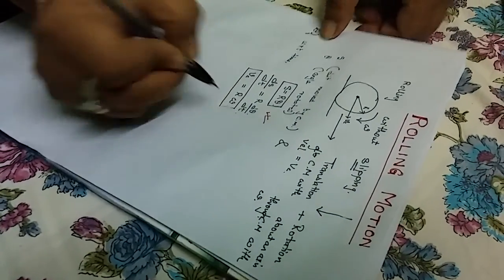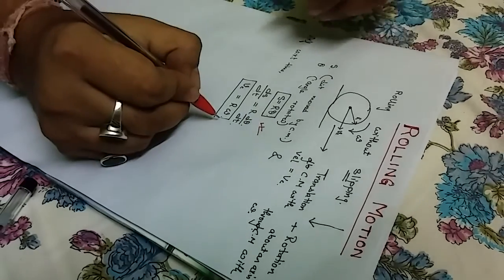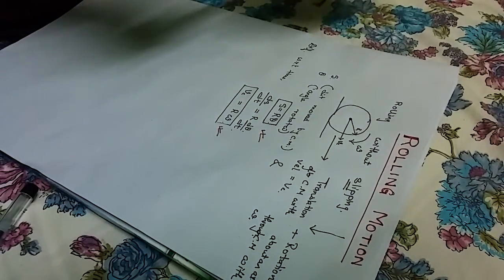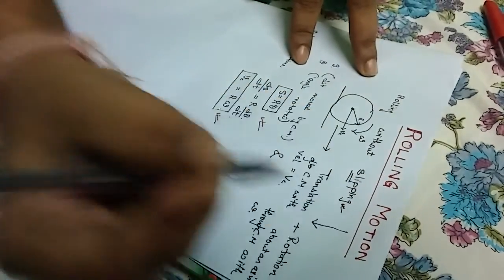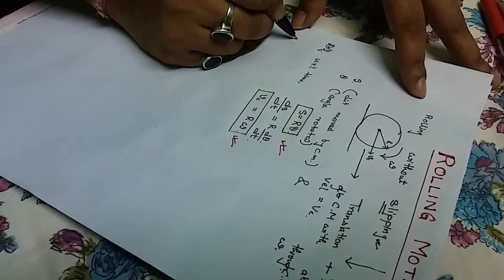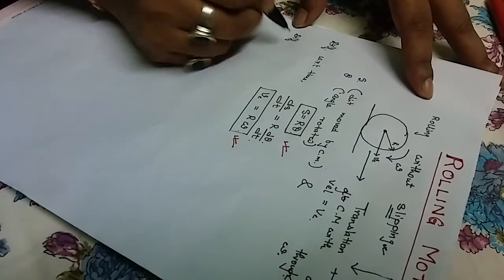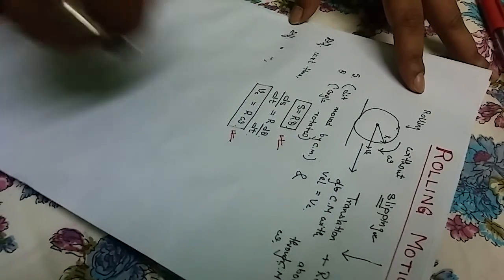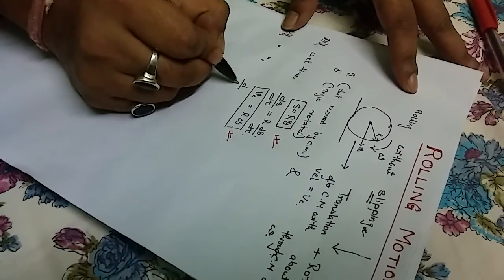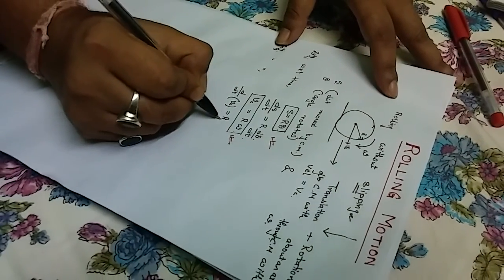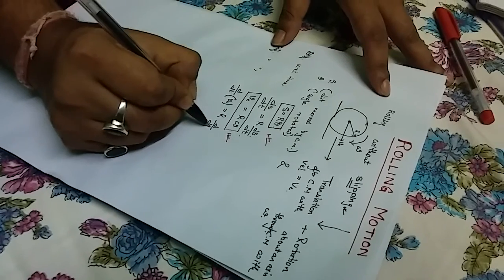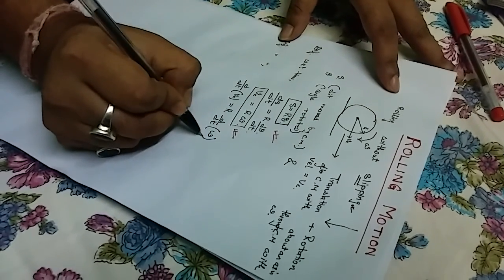So this is the second most important equation of rolling without slipping: vc equals r omega. Again, if we differentiate for the second time with respect to time, that is d/dt of vc, r being a constant is left out of the differentiation.